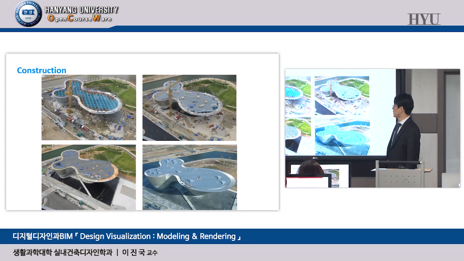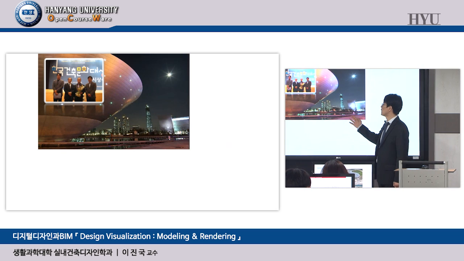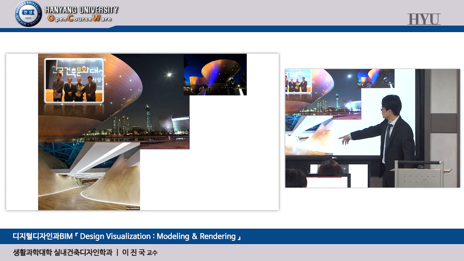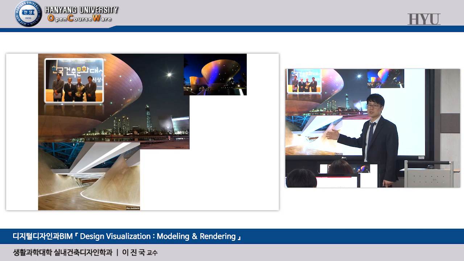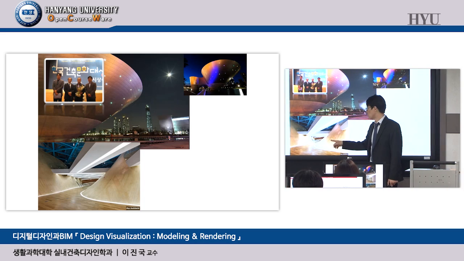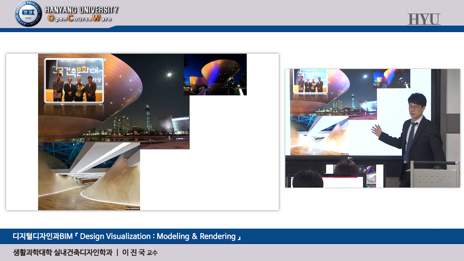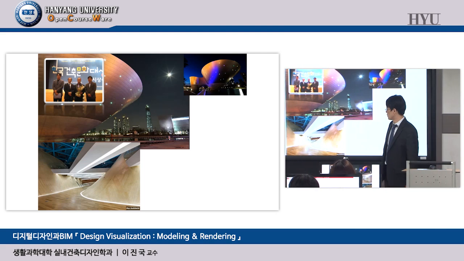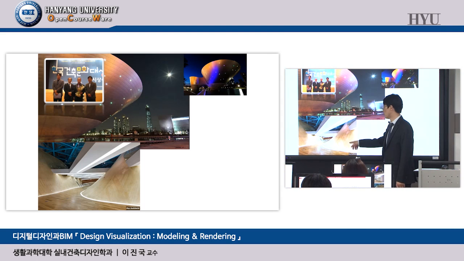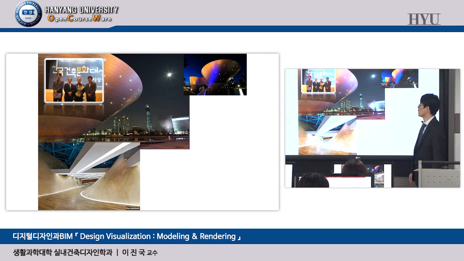There are more construction pictures like this here, and interior pictures. Take a look at this interior. Three weeks ago, we went to this site and I saw a warning sign: don't climb the wall. The wall is angled at 45 degrees, so it looks very steep.